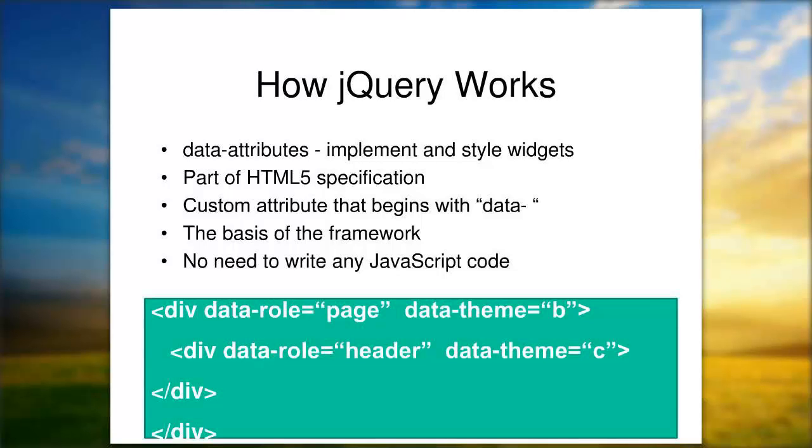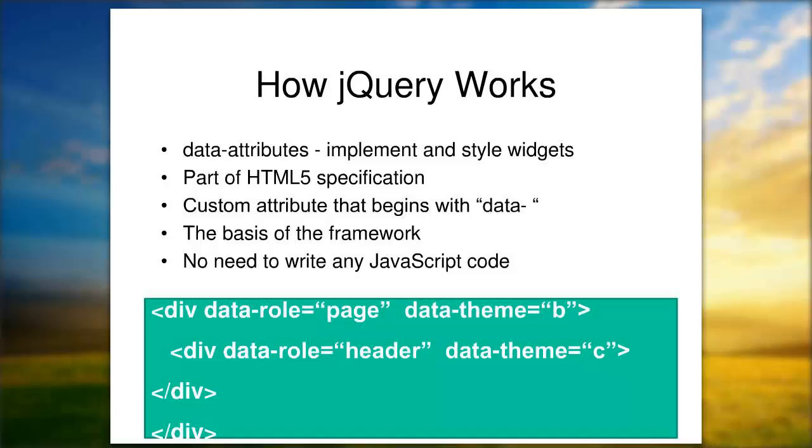And based on those data attributes, it will actually implement those widgets or components and actually style them. So there's very little need to write any JavaScript code at all. Although you can, you can actually develop a very nice little mobile website without really even understanding what you're doing by just reading the directions and copying and pasting the code.